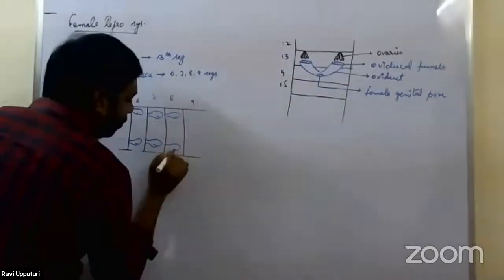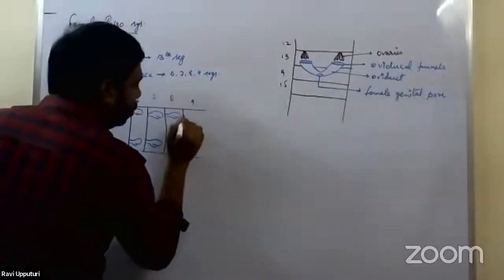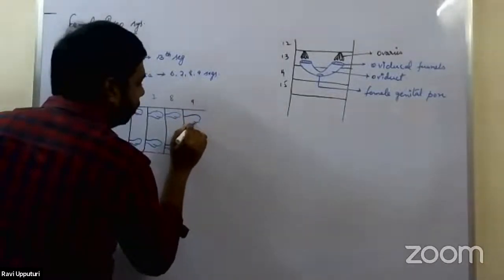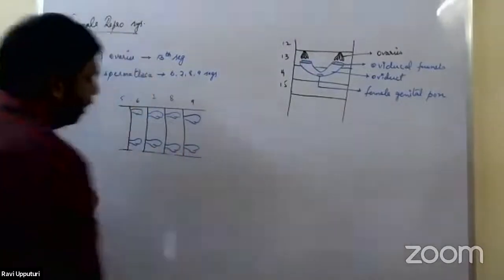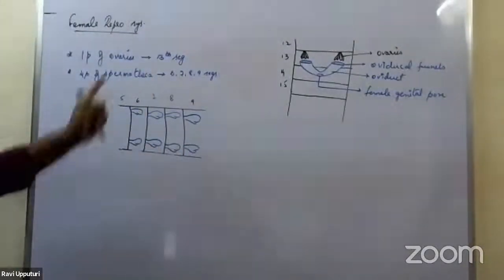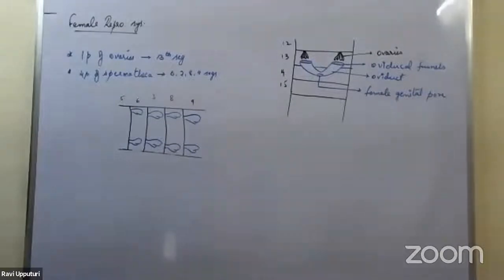And these sac-like structures are involved in the storage of the sperms. So four pairs, one in each of the 6th, 7th, 8th and 9th segments, we would have the spermatheca.